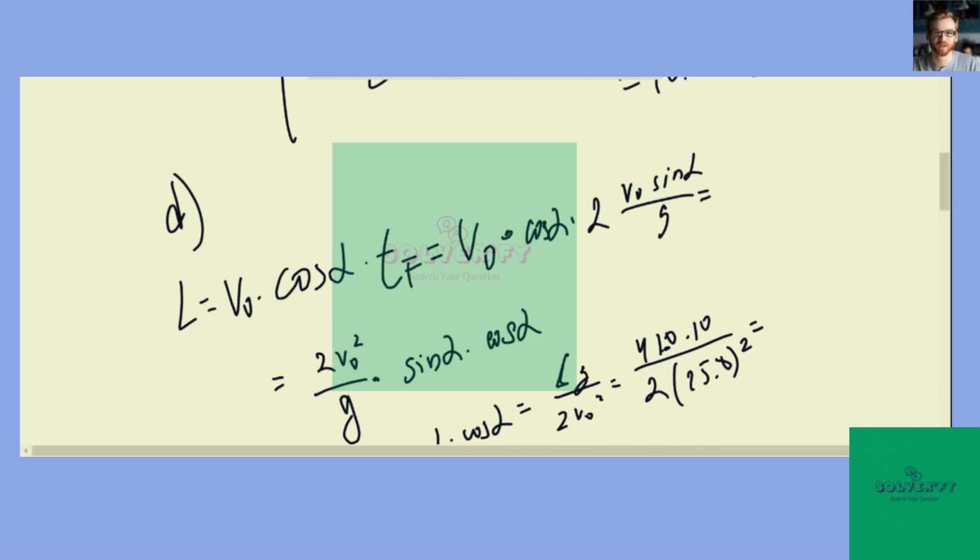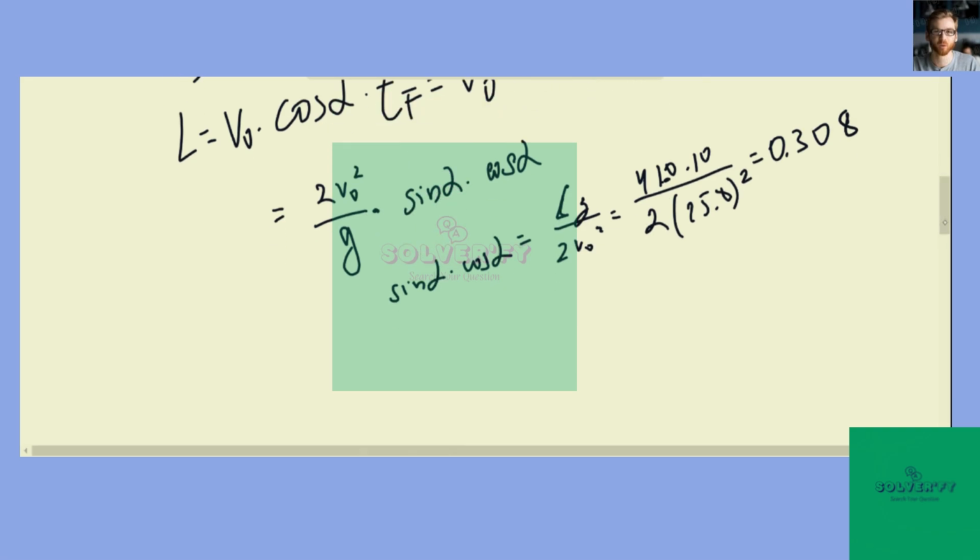It equals 0.308. So now let's presume that there is an angle beta which results in the same product. So sine beta times cosine beta equals 0.308.